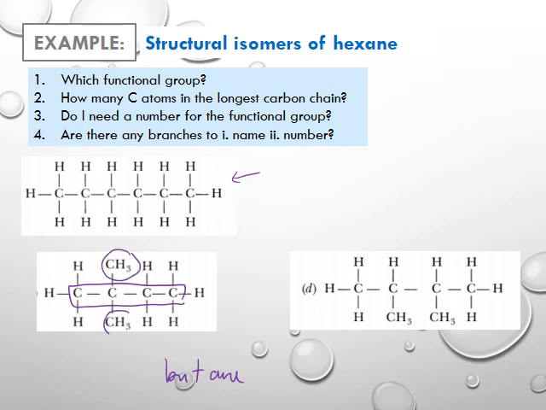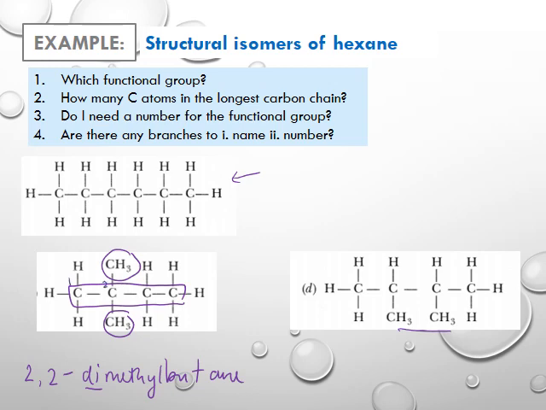No. Are there any branches? Yes. So there's 2 methyls. So I'm going to write methyl, and I'm going to write dimethyl. So di means 2 of the methyl groups. And then do I need to number them? Yes, because they don't need to both be off the second. I could have 1 off the second and 1 off the third, which is what I've got over here. And so my numbers are 2,2-dimethylbutane, because that's carbon number 1, there's carbon number 2.